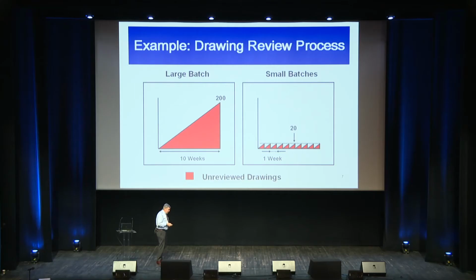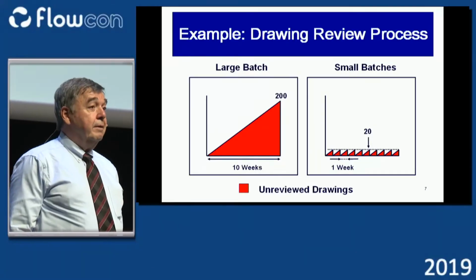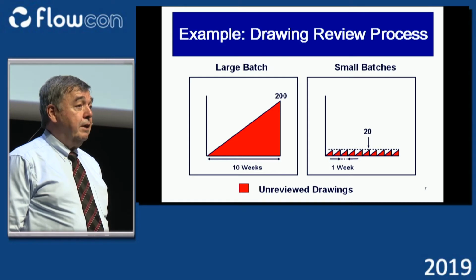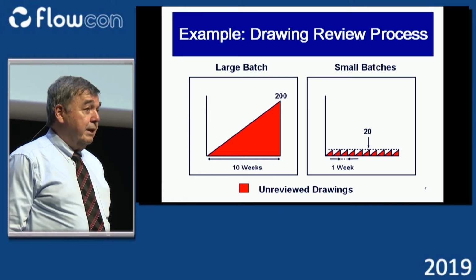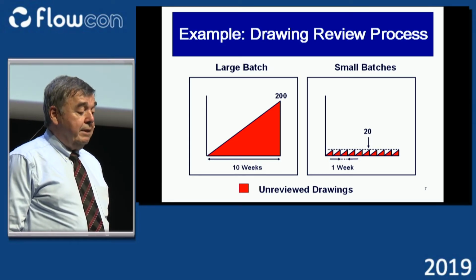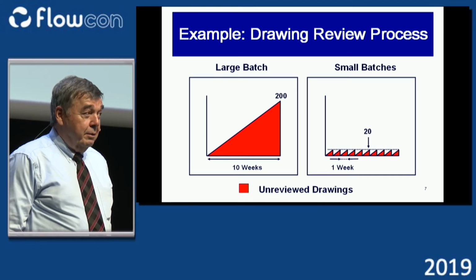There's some other interesting things that happen. When does an engineer get feedback on their drawing? The first drawing that is done on the left-hand process, they get feedback 10 weeks later. If they make a bad assumption about a manufacturing tolerance, they find out they made the bad assumption 10 weeks later.